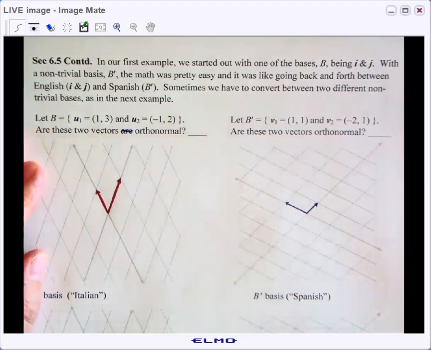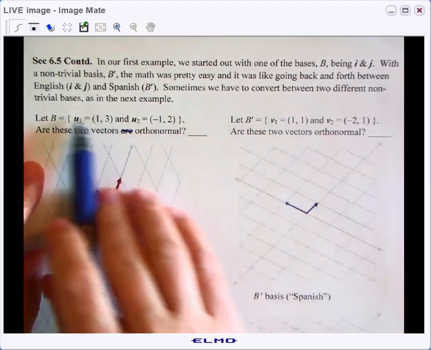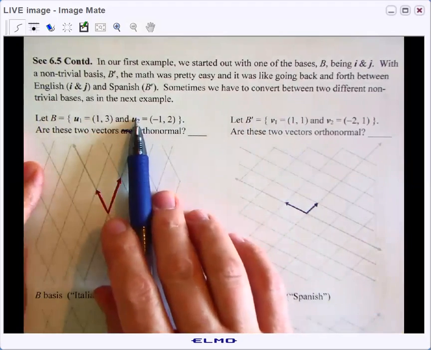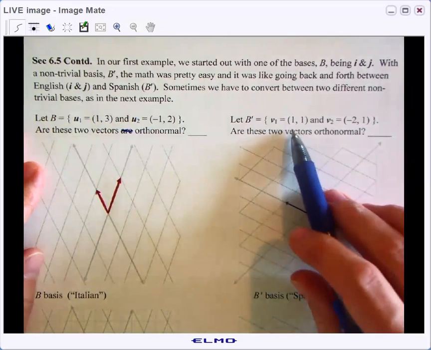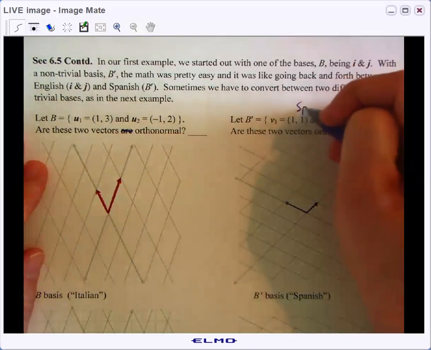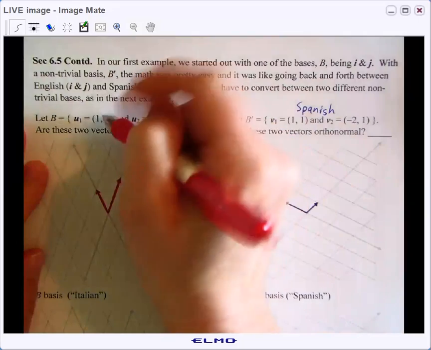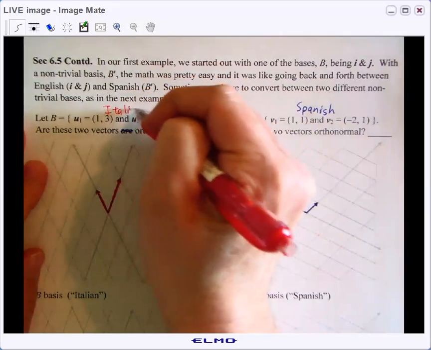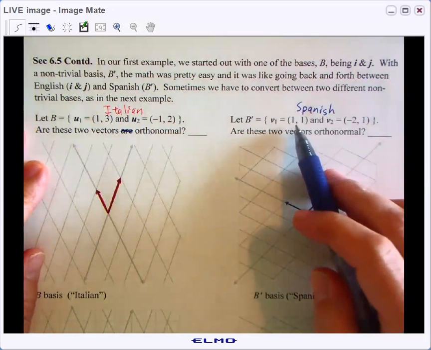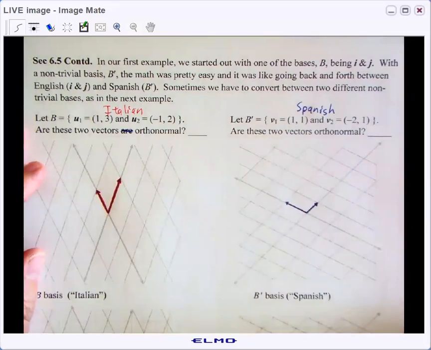Again, notice that I gave these to you in English, but we're going to call the system that it sets up Italian. Then let's keep the 1, 1 and -2, 1. We've said that was Spanish, so let's keep it as Spanish over here. And to communicate, I needed to use a language, so I told you what the Spanish vectors were in English.